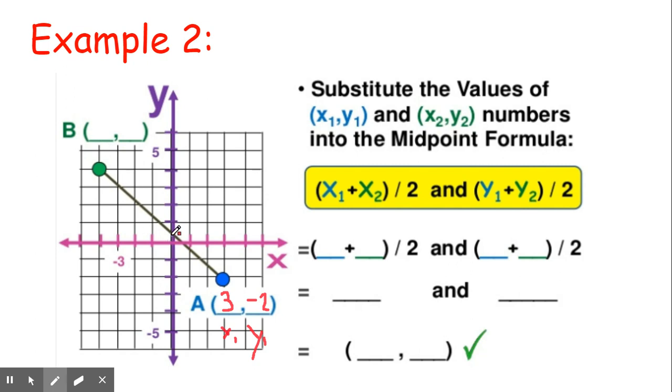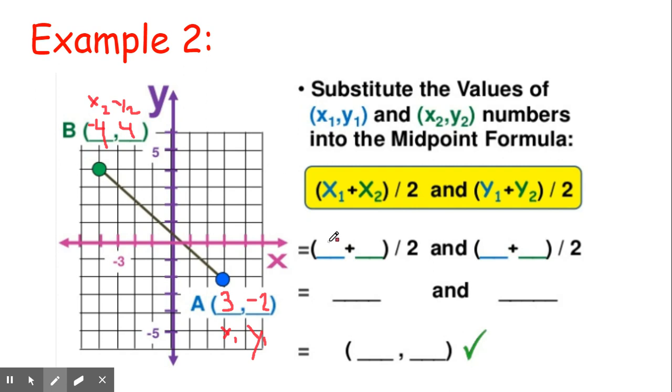Then on this one, that's a negative 4 is your x value. Then you come up this way, that's 4. That's your y value, and then that's x2, y2.